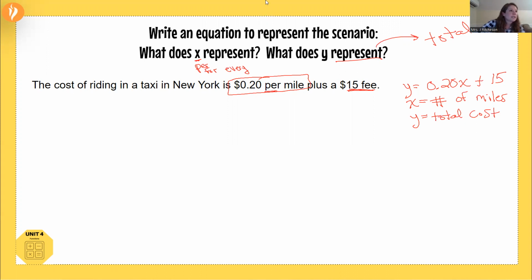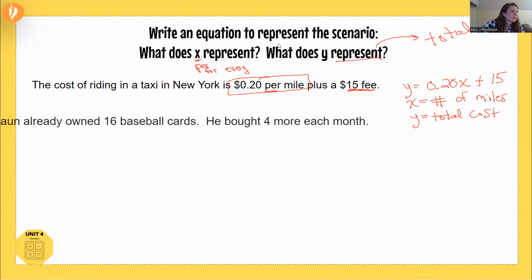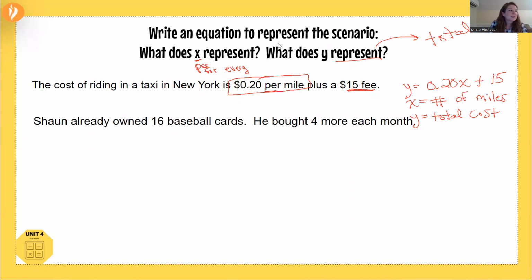All right, what's the next one? Sean already owns 16 baseball cards, so that's his initial value. Then he bought 4 more each month, or 4 cards per month, right? So y is going to be total what? Total baseball cards. So he's buying 4 per month, plus we have to include the 16 he started with.